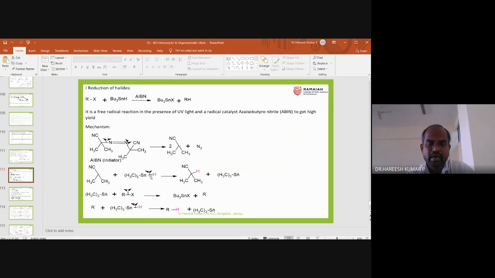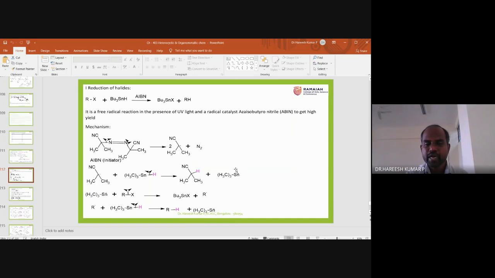So then this hydrogen radical forms a bond with isobutyronitrile. And here there is a generation of a new free radical, that is the tributyl tin radical.